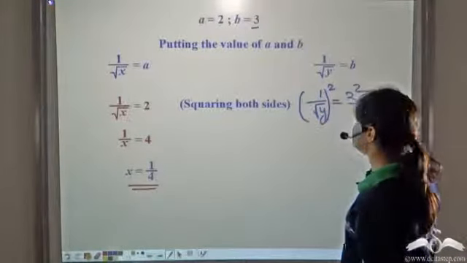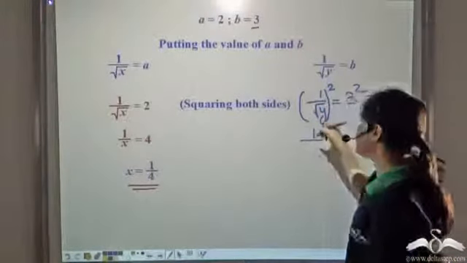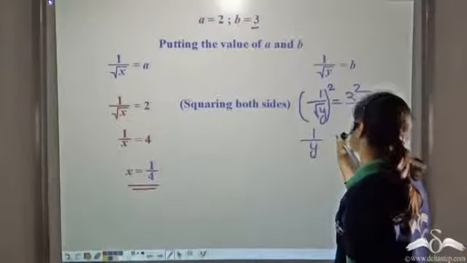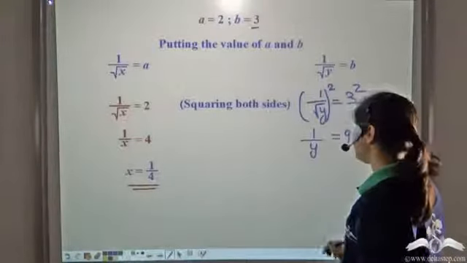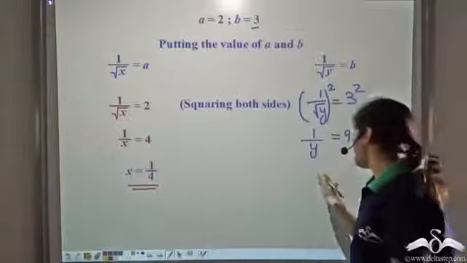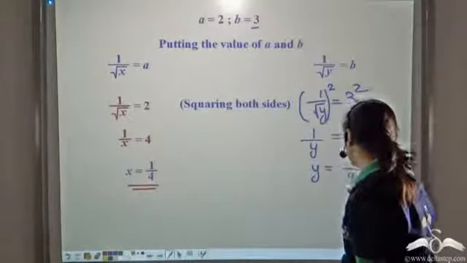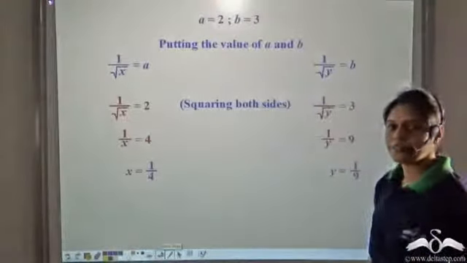So we square these two. 1 square is 1, 1 by root y whole square is y, is equal to 3 square, which is 9. So 1 by y is equal to 9, or y is equal to 1 by 9. This is what we have.